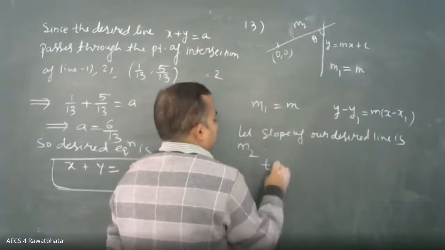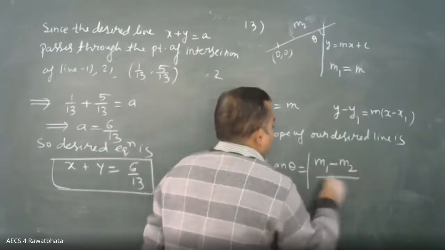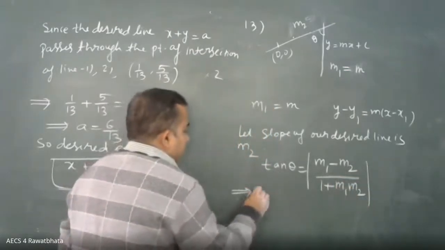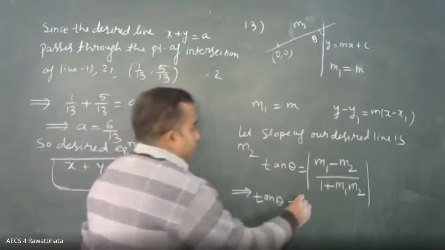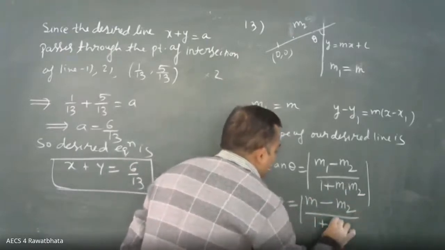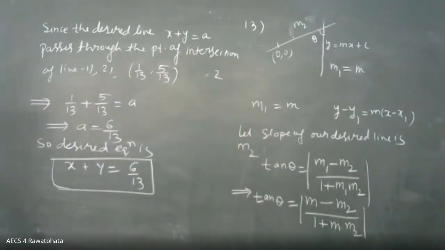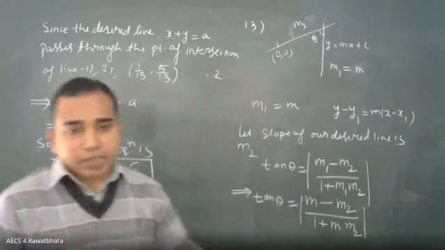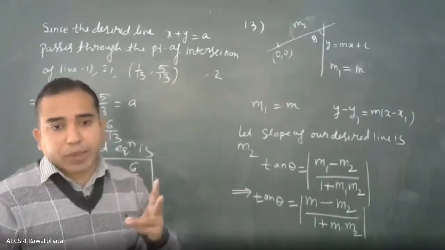Now tan theta is equal to modulus of m1 minus m2 whole upon 1 plus m1 m2, and this will become tan theta is equal to m minus m2 upon 1 plus m into m2. Our target is to get the value of m2. To solve a modulus equation, the way is that you remove the modulus sign and attach plus minus on the other side, and then we take two cases.